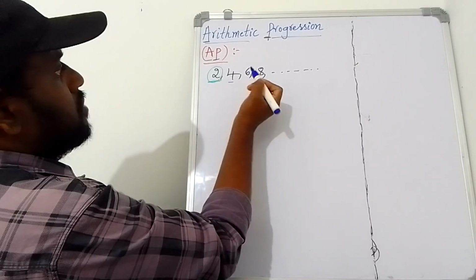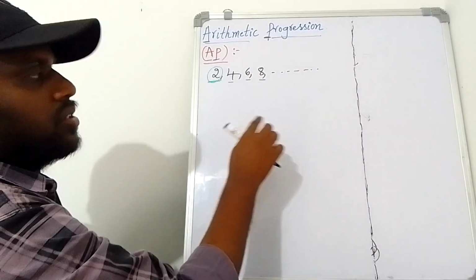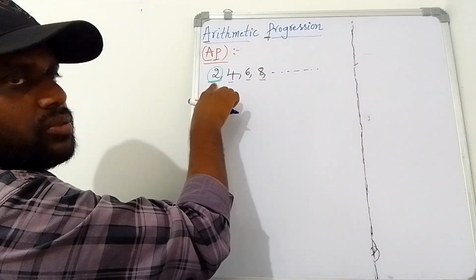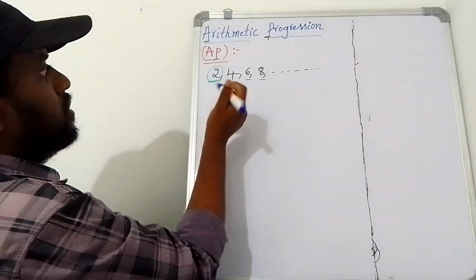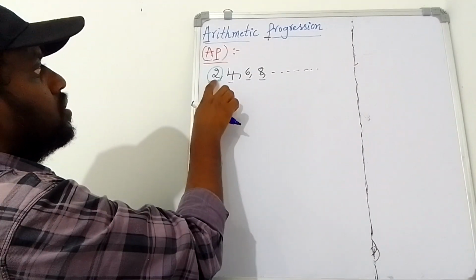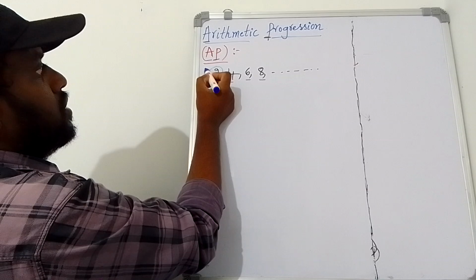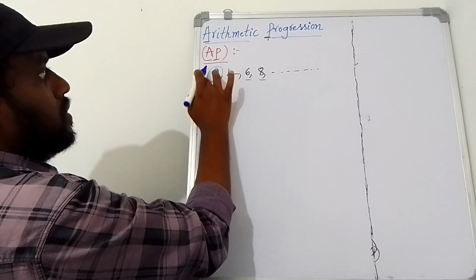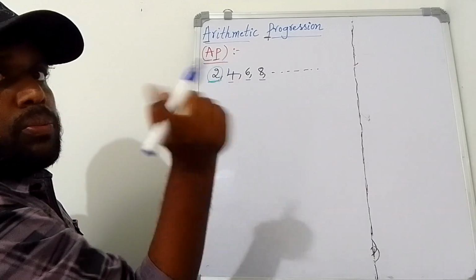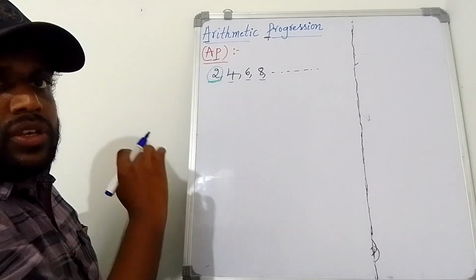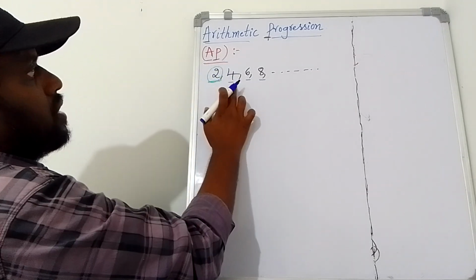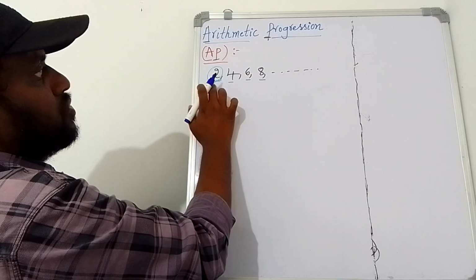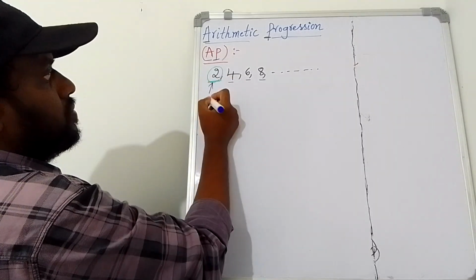You take this term or this term or this term, but don't consider the first term, because there is no previous term to it. Nothing is there. There is no previous term for this 2. So consider the other terms except the first term.